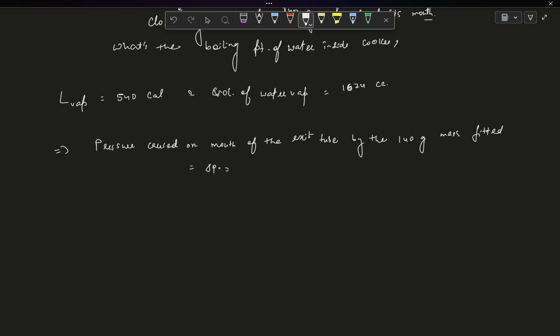So at least this much pressure it has to attain. That is delta P I am defining here. So delta P is basically how much pressure the 140 gram will give.